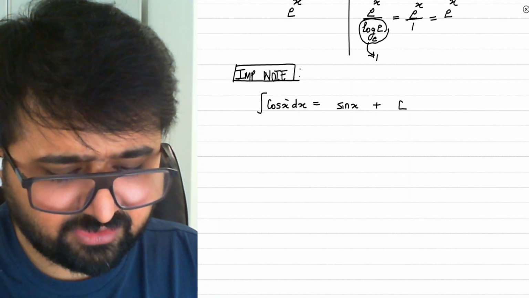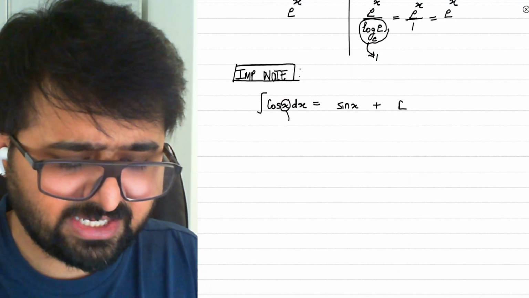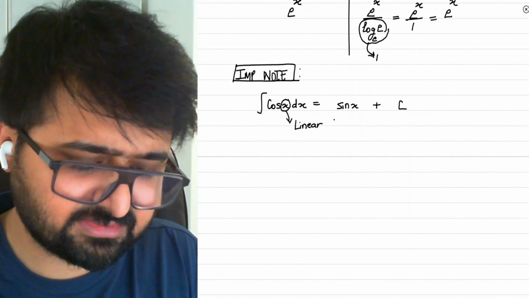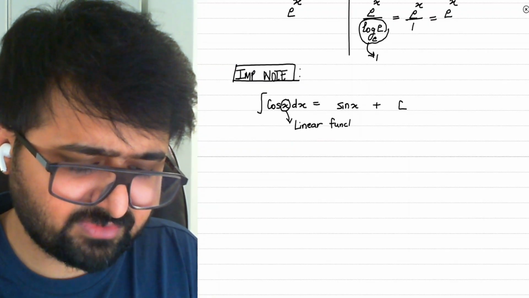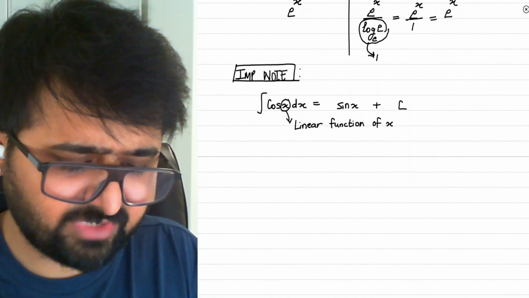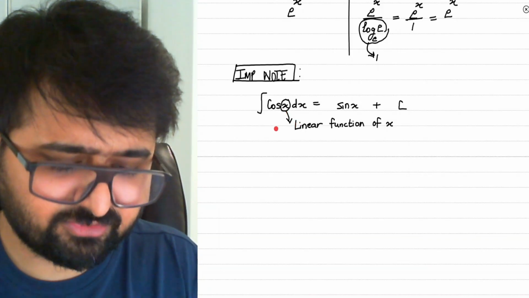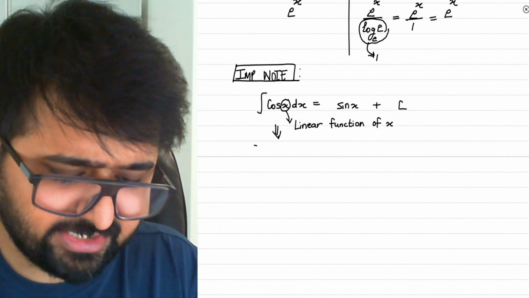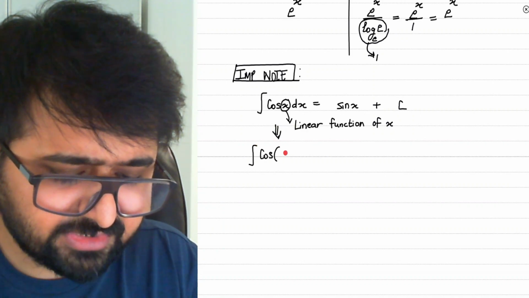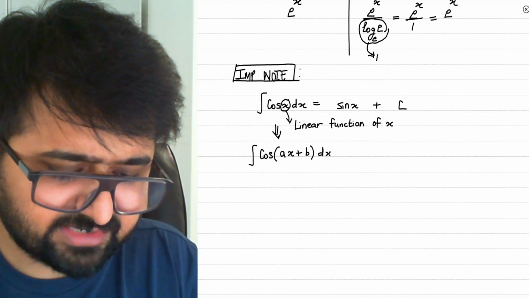Let's say instead of x, you have a linear function of x. That would become something like integration of cos of the linear function, which is given by ax plus b, dx.